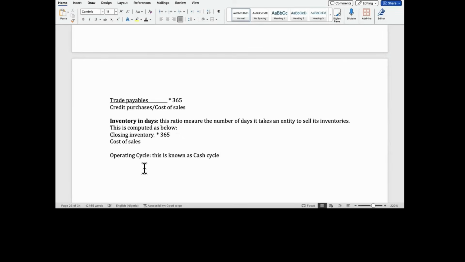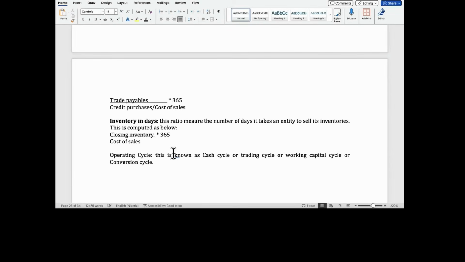Or the trading cycle, or the working capital cycle. Which other name do you know? You can even call it the conversion cycle. Plenty of names.